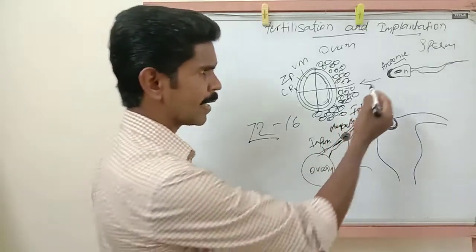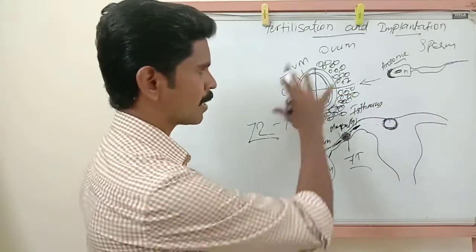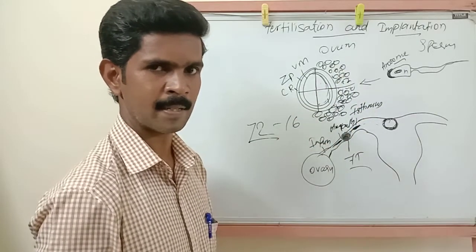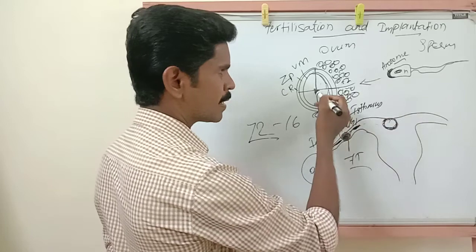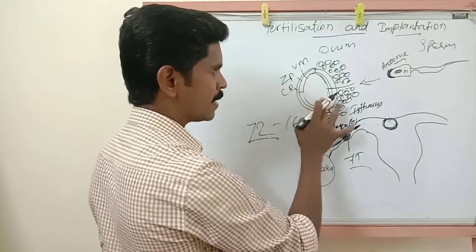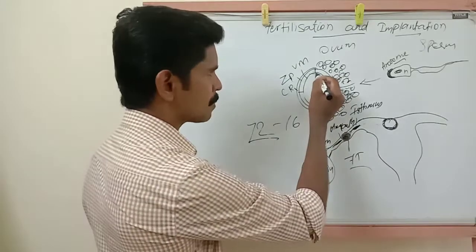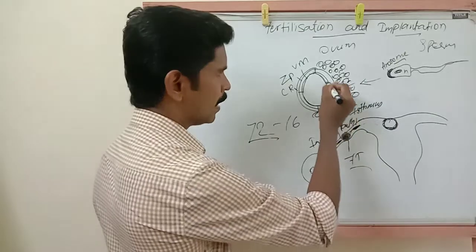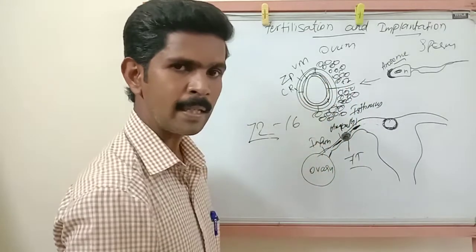See, already I told you the sperm enters inside the egg and the fertilization process takes place, isn't it? Once a sperm has entered the egg, immediately the cortical granules present inside the egg develop a new membrane.